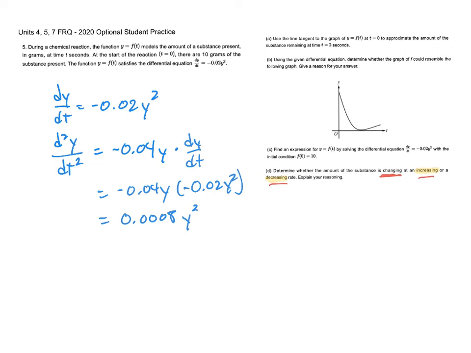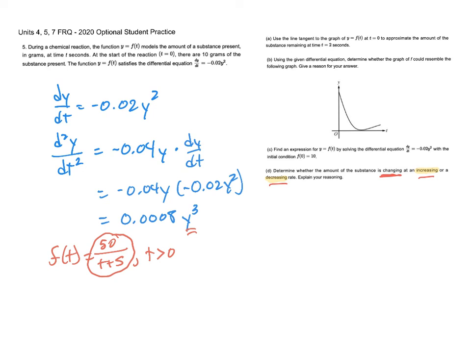Now, a couple of things to note. Just remember from the last slide, we know that f of t is 50 over t plus 5, and we know that t is greater than 0 because it's seconds. That means that this y is always going to be a positive number. There's no way to make this thing negative if t is greater than 0.